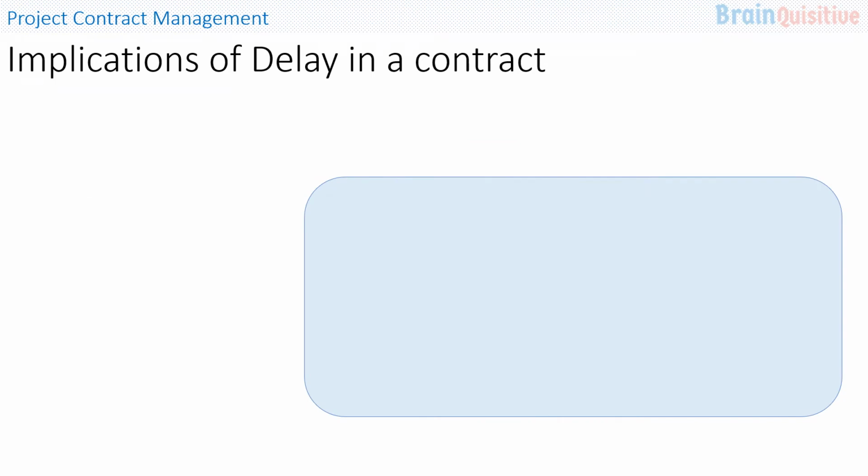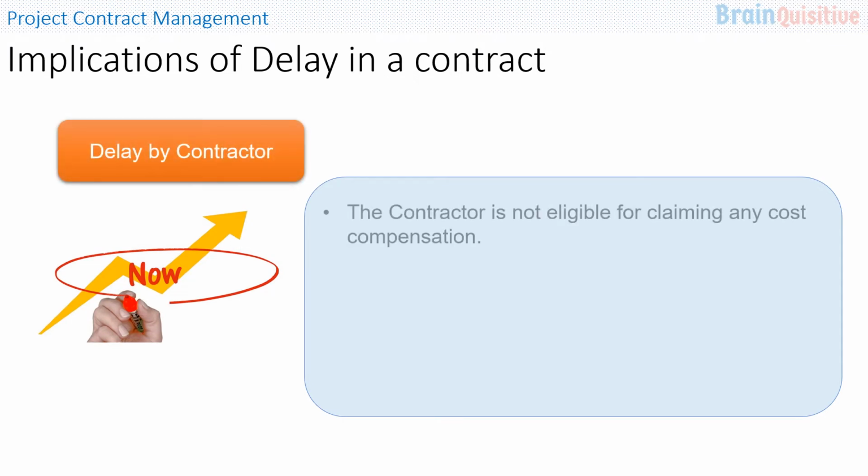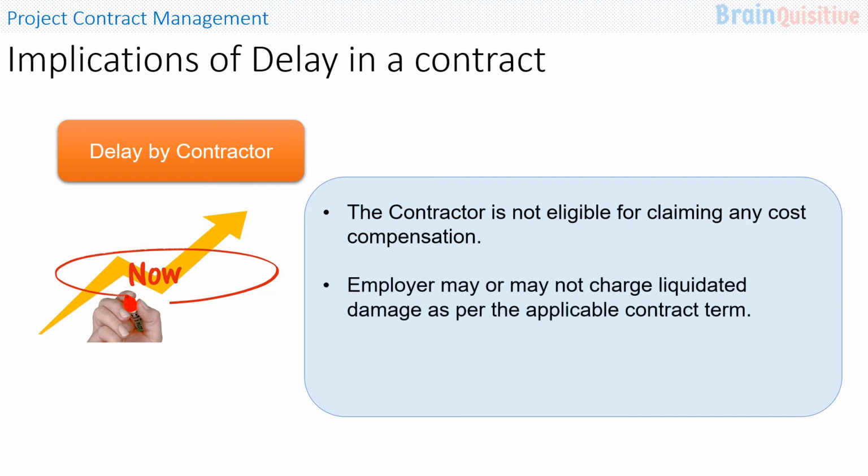Let us understand now the implications of delay in a contract. Inevitably, the cost of the contractor goes upward if they have to stay for a longer period in a contract due to any kind of delay. The contractor is not eligible for claiming any cost compensation for any delay which is attributable to the contractor.